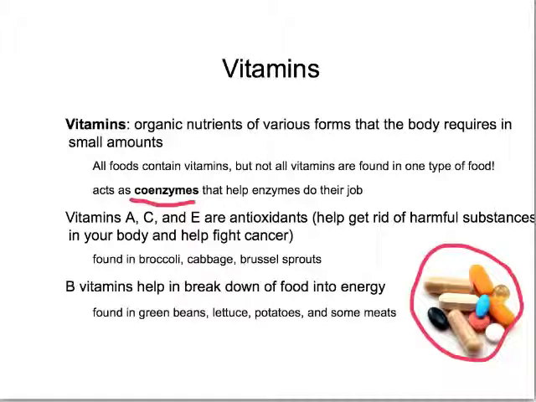Vitamin B is another type of vitamin that helps break down food into energy. So these are little coenzymes. They're going to help the amylase and the bile and the trypsin and all those other enzymes break down food in order to get energy. B vitamins are found in green beans, lettuce, potatoes, and in some meats.